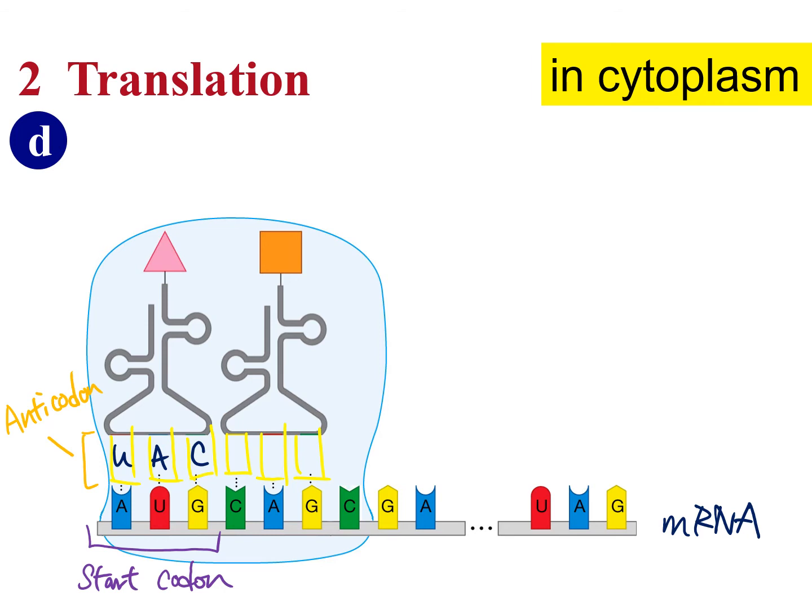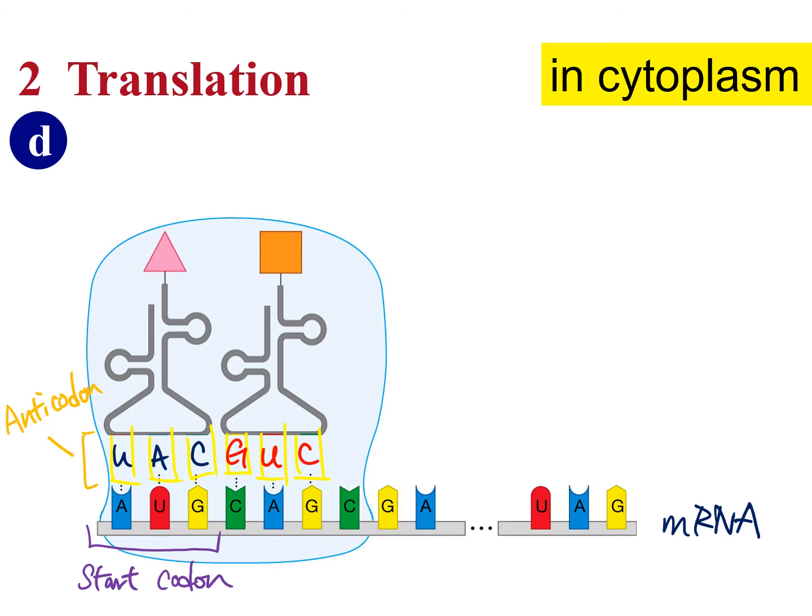For C on the mRNA, it is going to match with G in the anticodon of tRNA. A matches with U, G matches with C. Now you get the anticodon on the second tRNA.